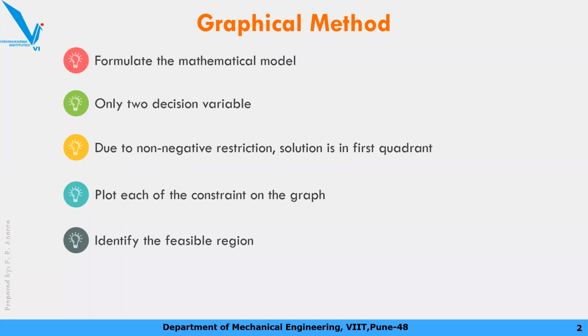After that, identify the feasible region based on the inequality condition, less than or equal to, or greater than or equal to. You are going to get a feasible region, a region where there will be an optimum answer, or your answer will be within that area.